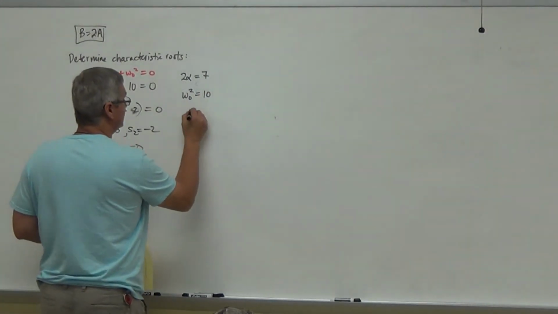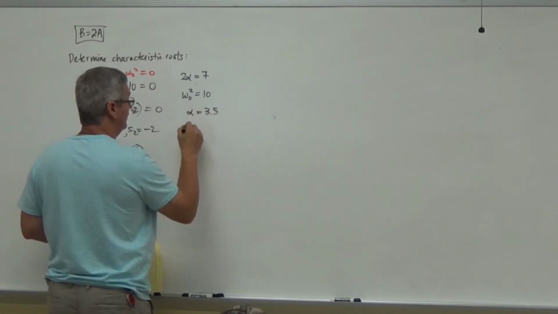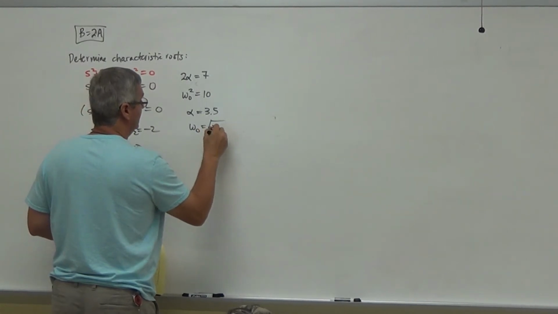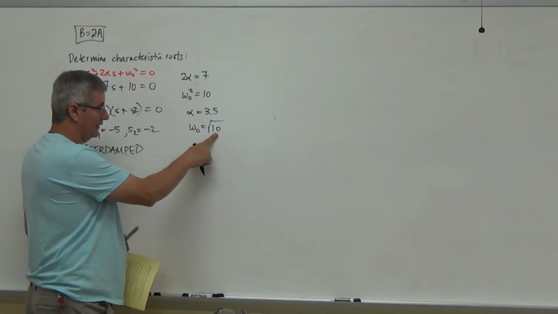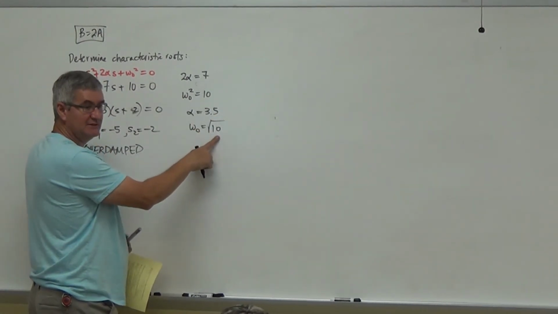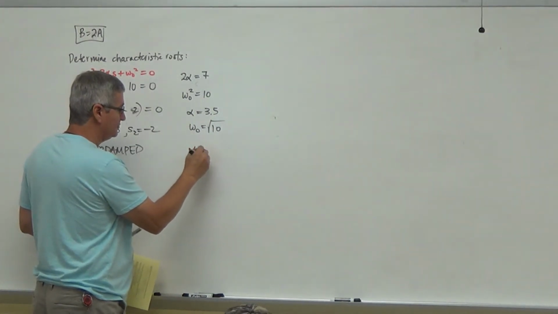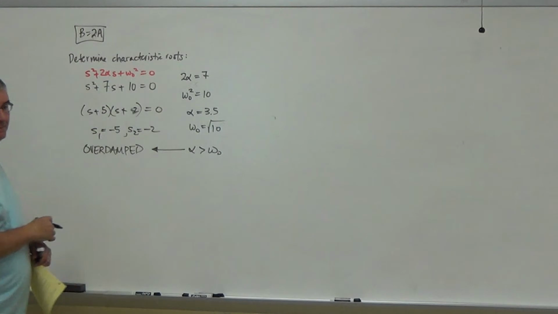So what I'm seeing here is that alpha is equal to 3.5, omega naught is the square root of that. And that has to be less than that, right? Because this has to be just a tiny bit above 3, which tells me that alpha is greater than omega naught, which then tells me it's overdamped.